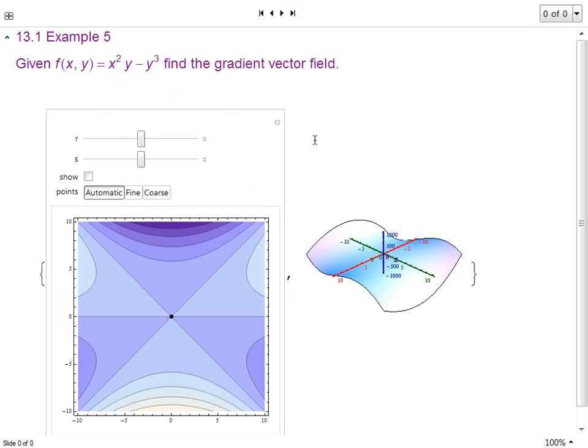And this is an example where you can see the connection between a scalar function and its gradient vector field. So first, let's take this function, f of x, y, and find the gradient vector field real quick. This is nothing new. I'm just going to do it over here.